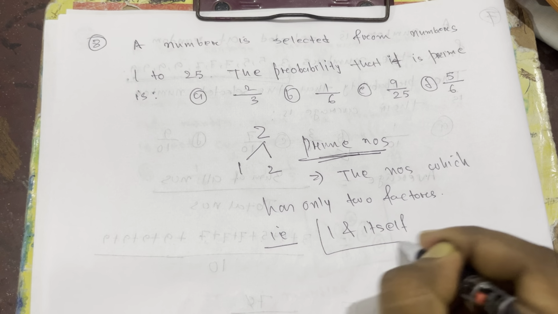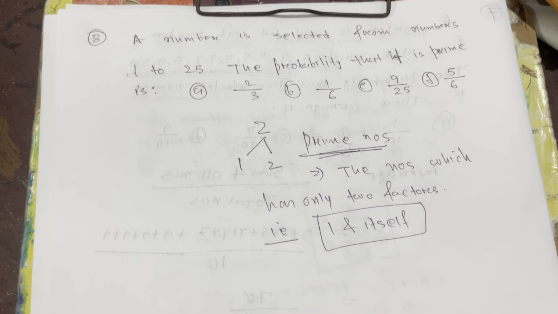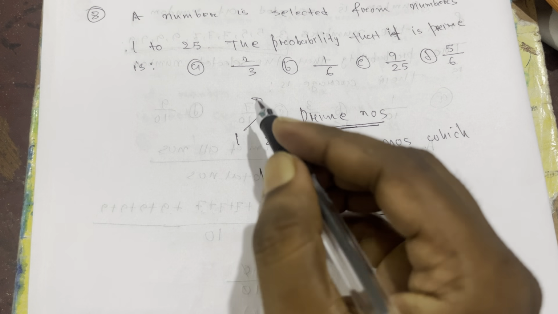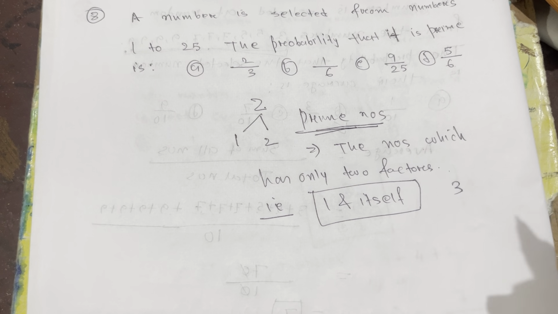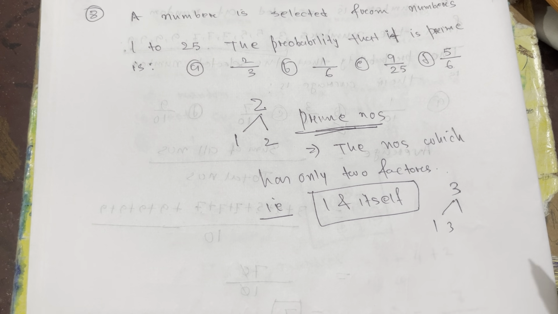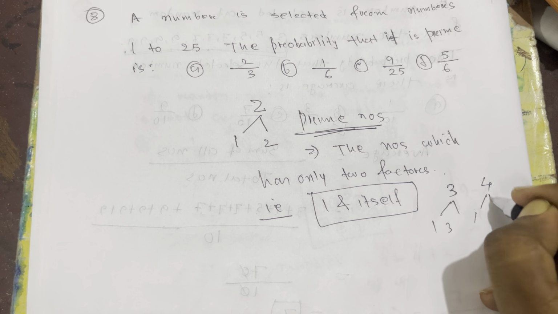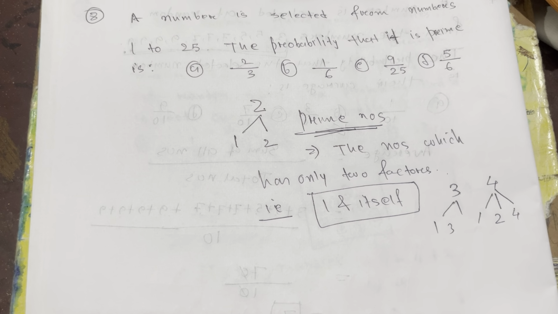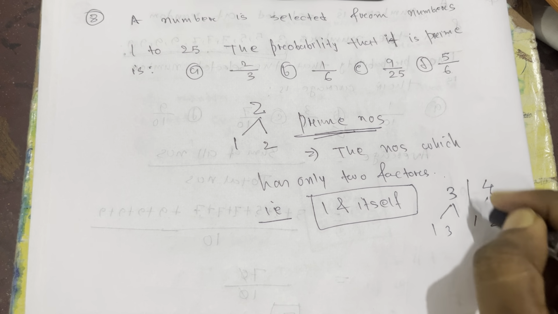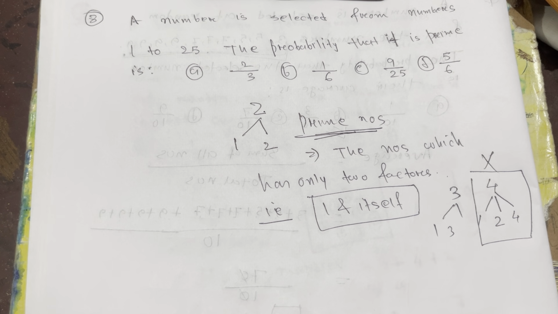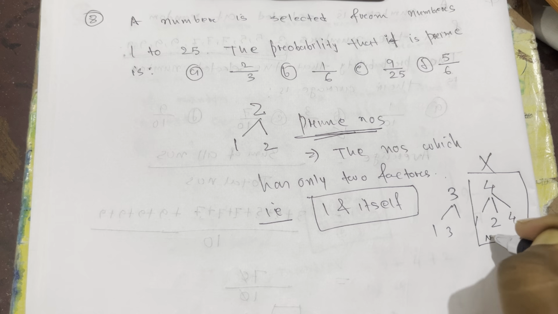You can say a number which is divisible by only 1 and itself is called a prime number. 2 is a prime number, 3 is also a prime number because 3 is divisible by 1 and 3. 4 is not a prime number because 4 is divisible by 1, 2 and 4. So 4 has 3 factors, so that's why it is not a prime number.